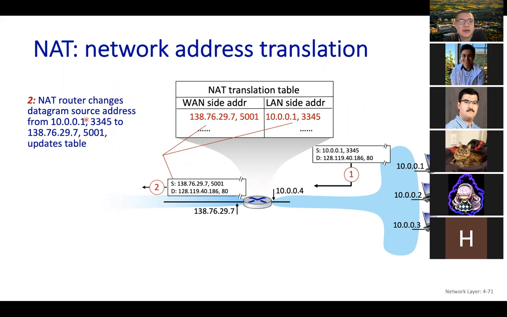So you can see the first step is the NAT router changes datagram source address from the local address to the global address based on the translation table.